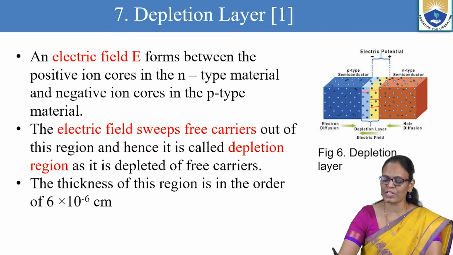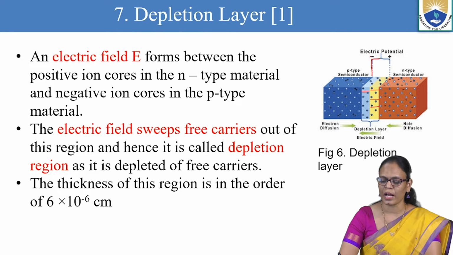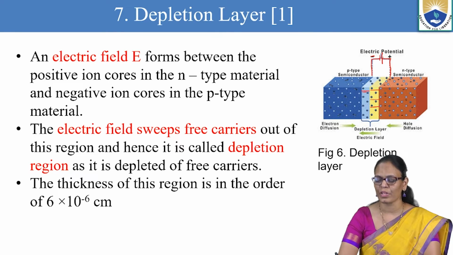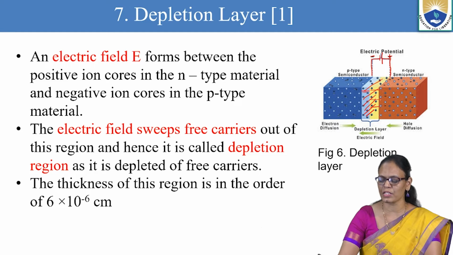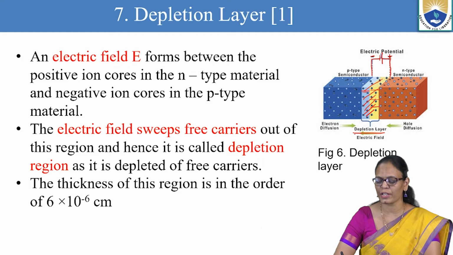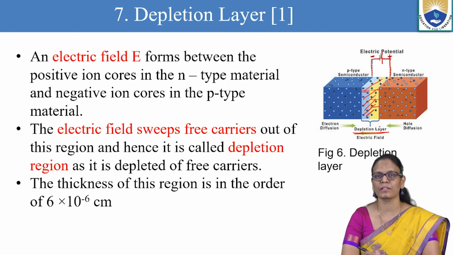Because of this, a barrier is formed and an electric field is developed. Because you have positive and negative charges separated, you will have an electric field. And what this electric field does is sweep out all the charges from this region, which we call the depletion layer or the depletion region.